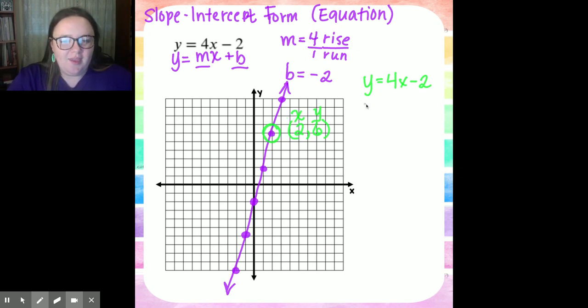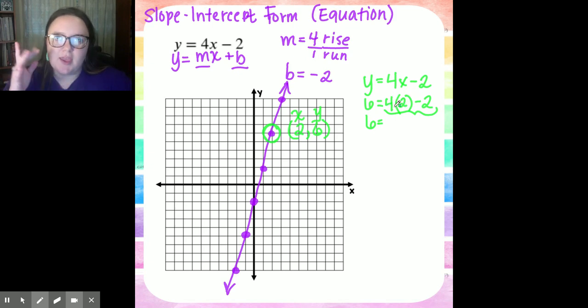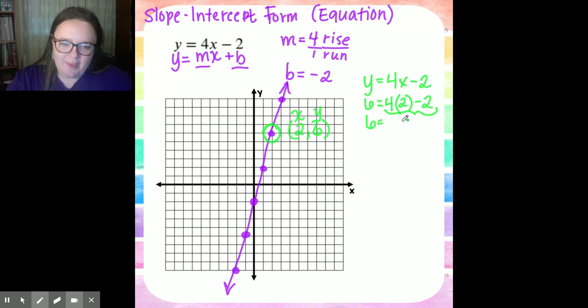So my y in that point was 6 equals 4 times my x, which is 2, minus 2. And let's simplify this side. When we simplify, we do the multiplication. So 4 times 2, do that calculation. 4 times 2 is 8. Minus 2, 8 minus 2 is 6.